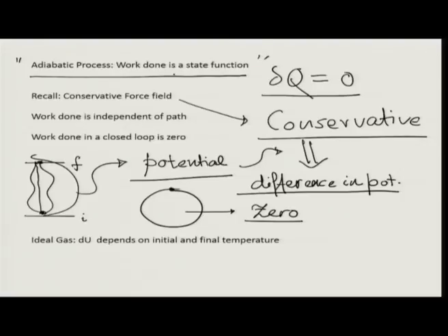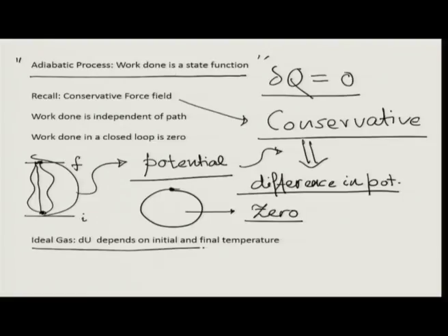So, this is from mechanics, and you see in an adiabatic process work done is path independent, it does not depend on the path because it is a conservative force field, and that gives the idea of internal energy. So, if you understand how I get the concept of potential in classical mechanics, you immediately get what is internal energy in thermodynamics. Okay? So, it is a state function.